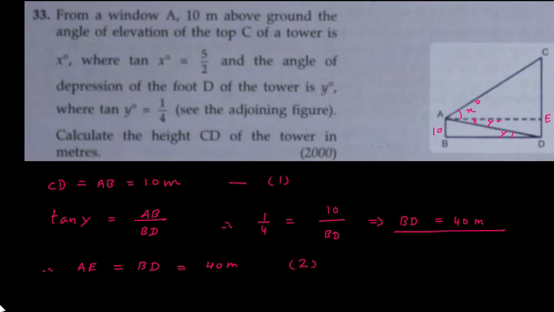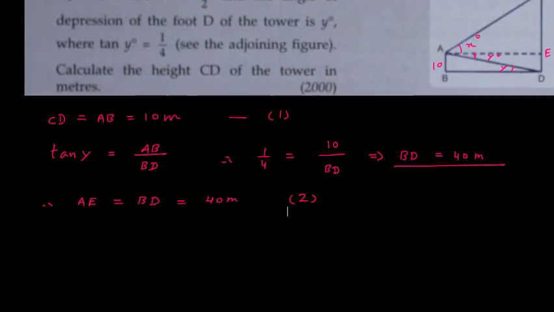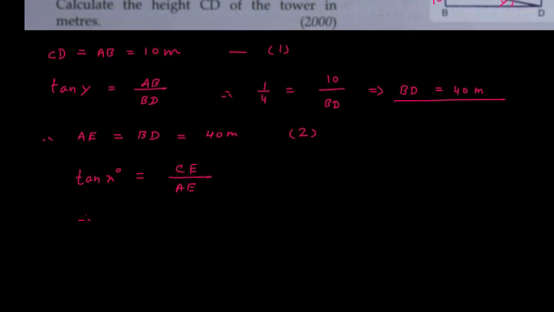Now I have to find out CE. Now tan x degree, this will be equal to CE divided by AE. So therefore tan x degree is 5 divided by 2. So I will say that 5 divided by 2 is equal to CE divided by AE.